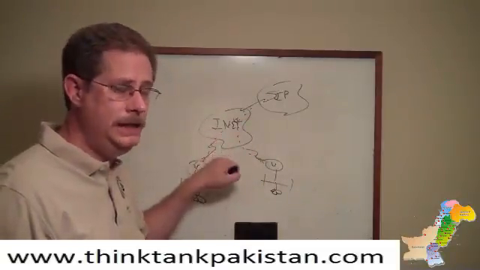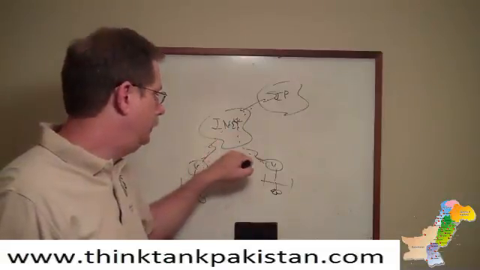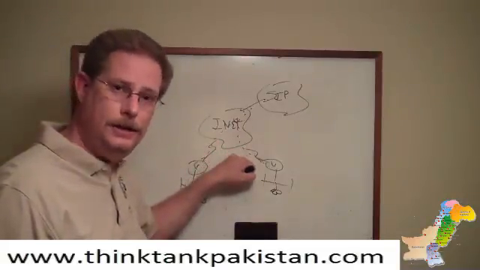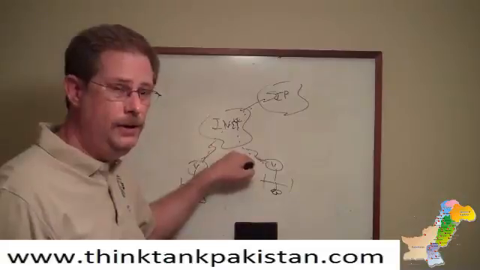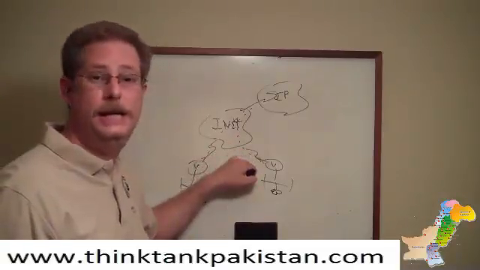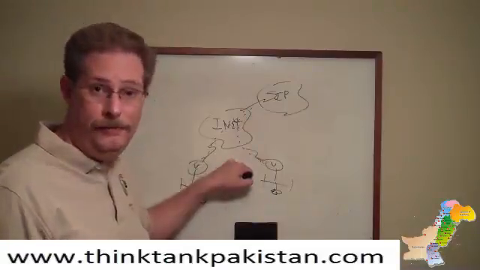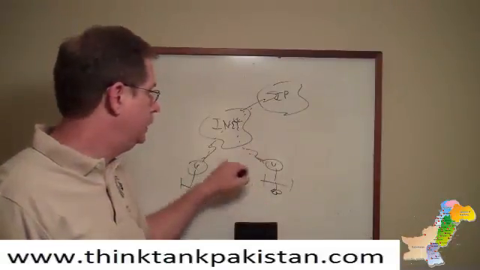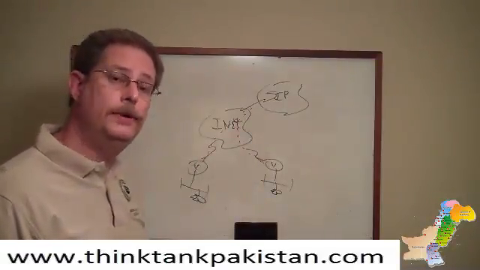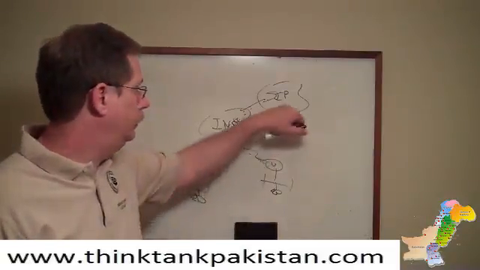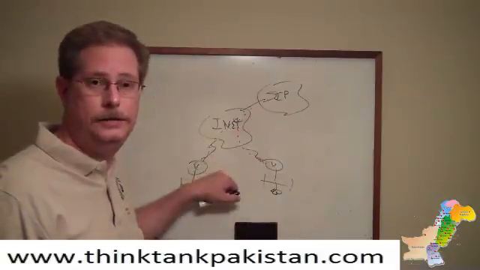There are things I can do to mitigate it by the codec selection, things along those lines, but I have no total control as I did in an MPLS world. So that becomes a problem. The advantage to this, though, is this is a lot cheaper of a model. It's a lot cheaper to pull that in over my internet connection.